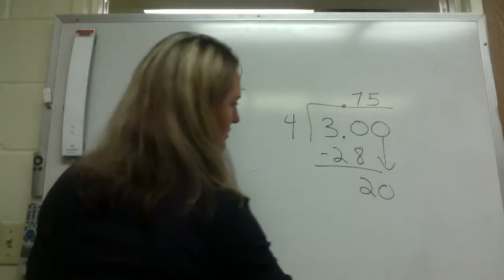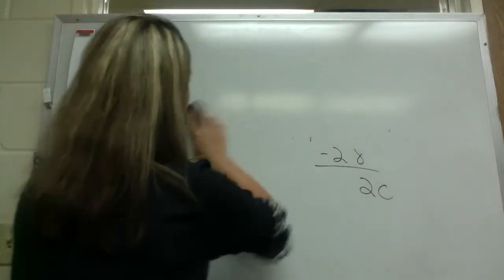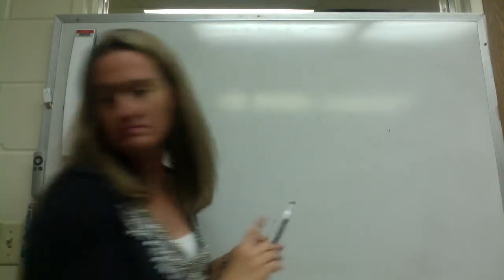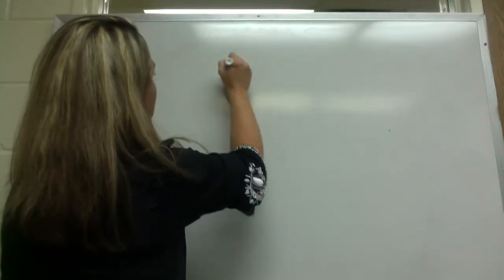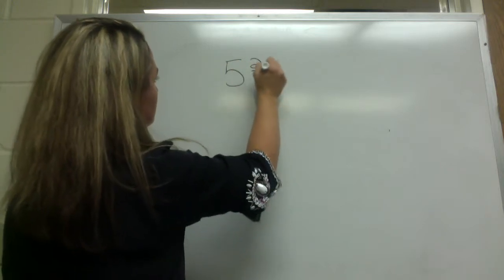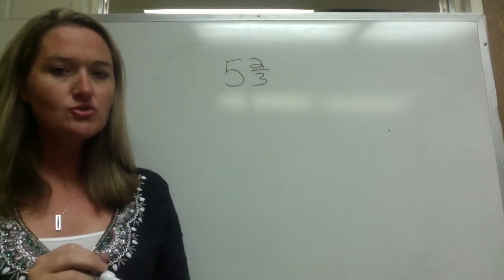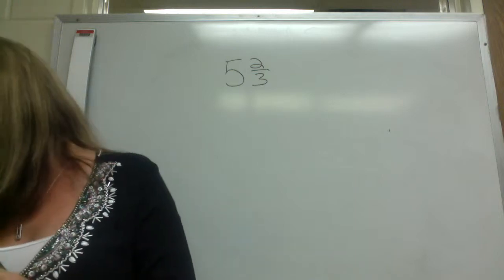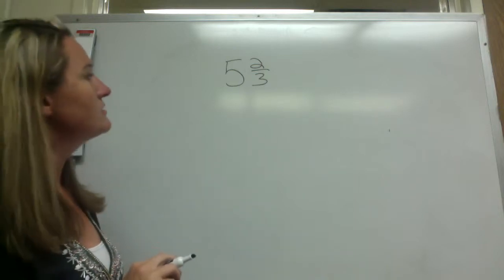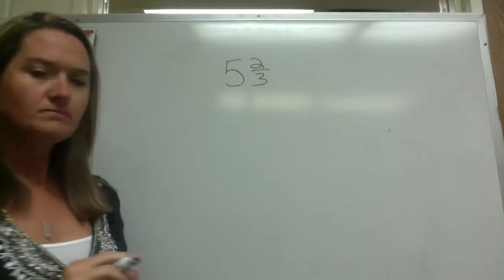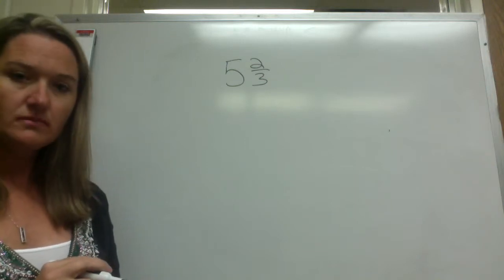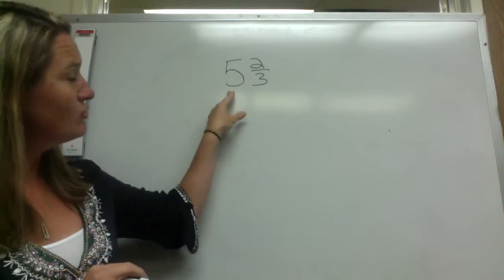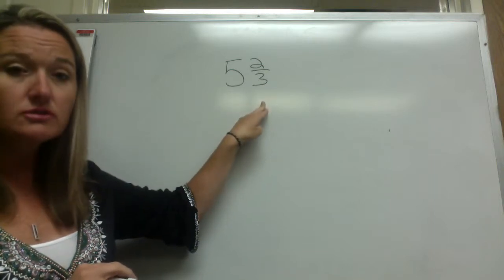We'll do one more. Let's do a mixed number, 5 2/3. As a decimal, that means we have 5 wholes and 2/3.